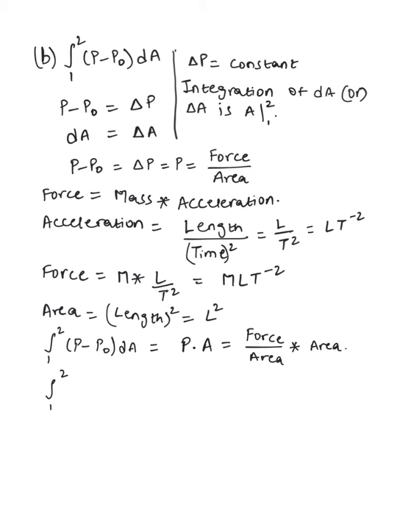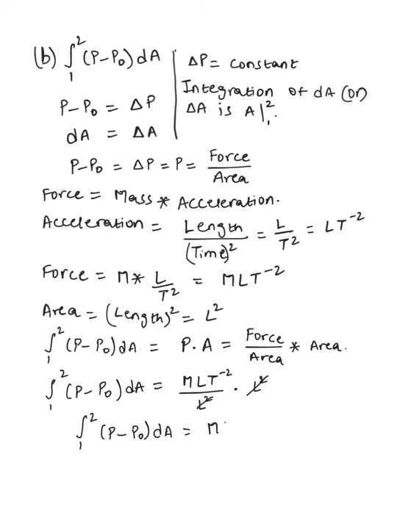Integral 1 to 2 of (p minus p naught) dA is equal to M L T power minus 2 divided by L square multiplied by L square, and these two get cancelled, leading the answer to be M L T power minus 2.